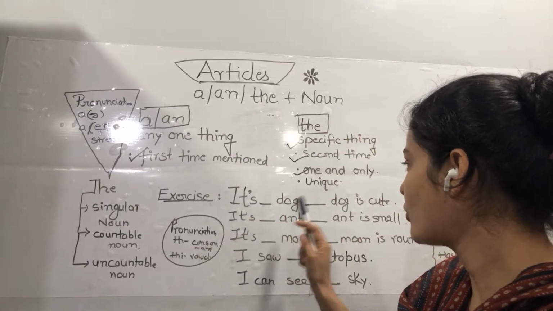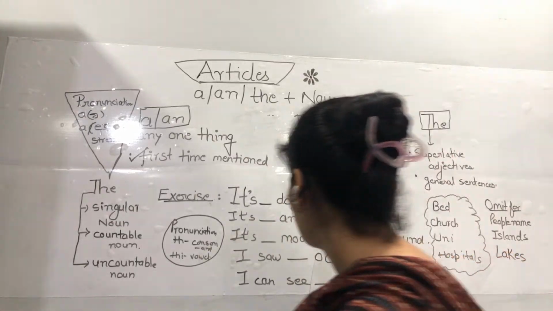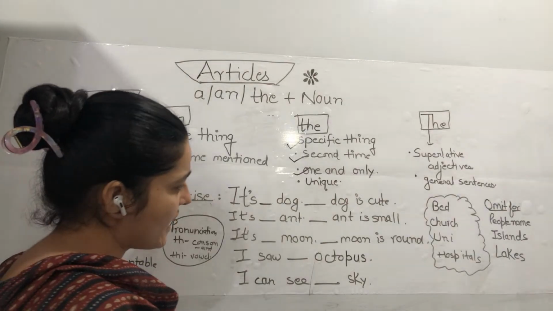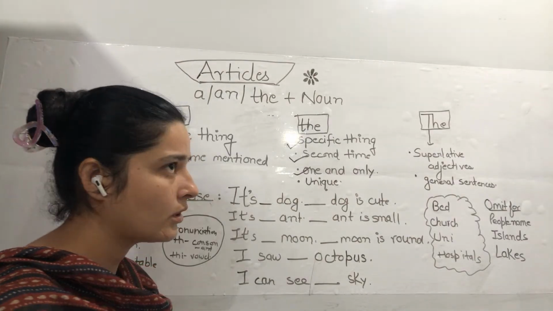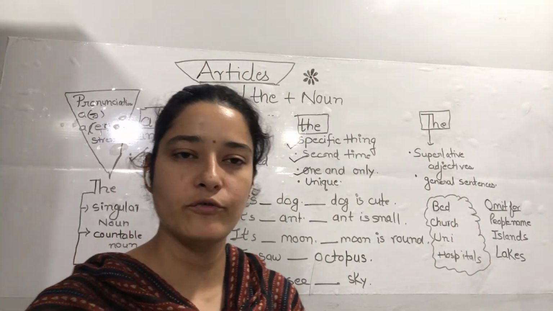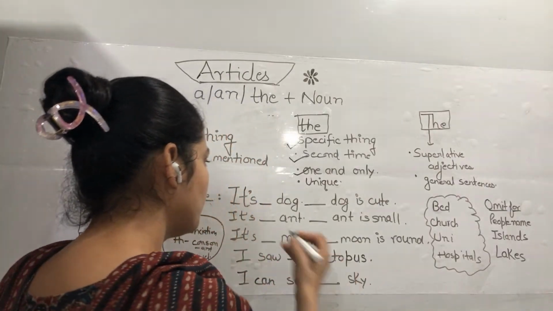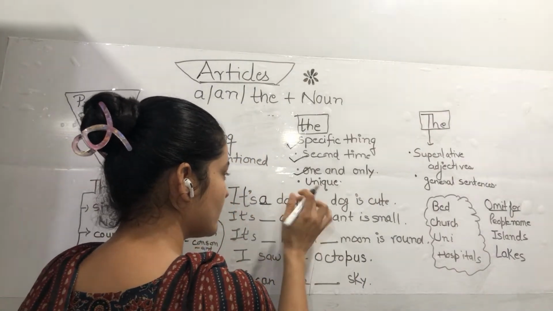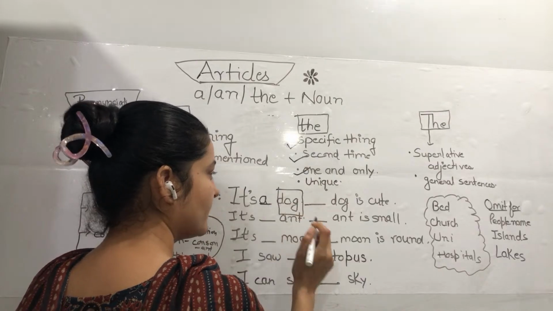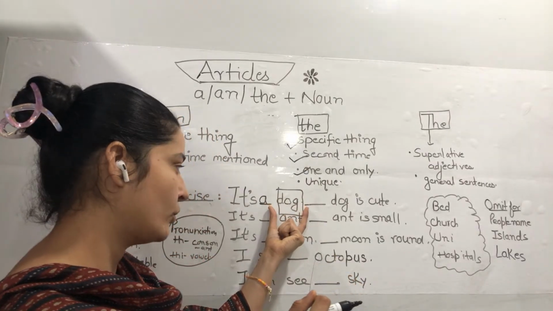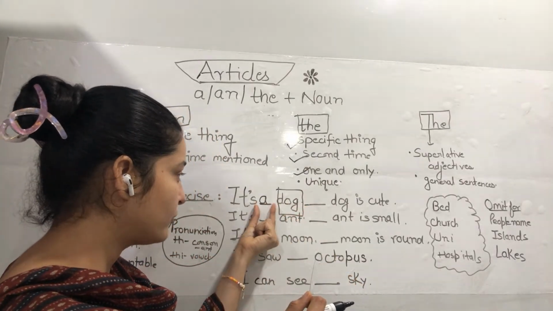Okay, so it's dash dog. I am not aware which dog we are going to talk about, and it is a single dog, not dogs. If it is a single noun, singular noun, then I have to use "a."